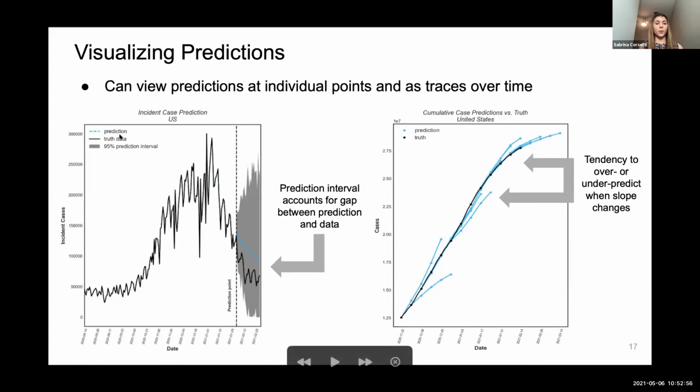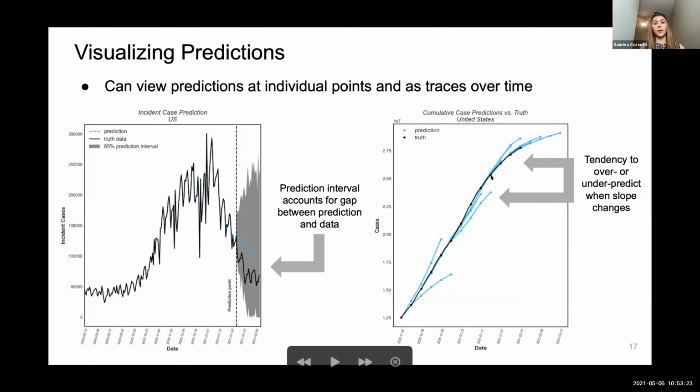So for example, if we want to look at a single day's prediction for cases in the United States, where this is all of our historical data, and we're making a prediction starting February 1st, we can see that our blue prediction doesn't quite hit the true data that followed the prediction point. But our gray prediction interval captures this data, and we're able to accurately understand where the pandemic ended up traveling.